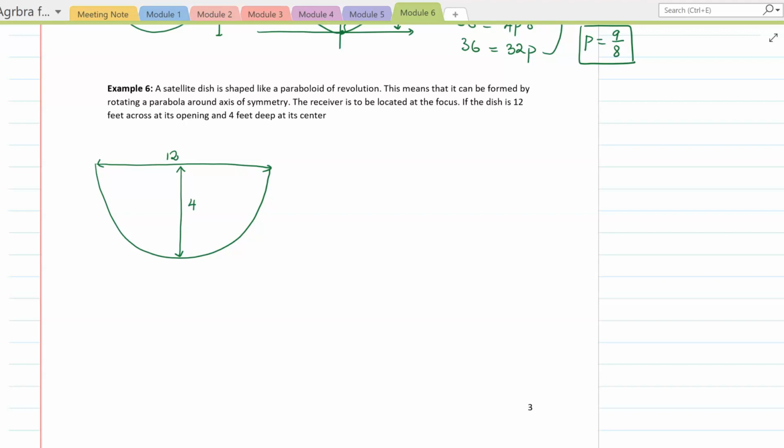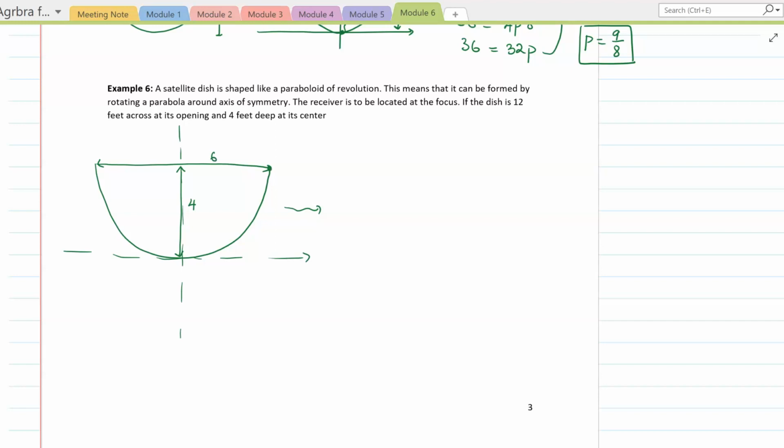So similarly to the problem that we had earlier, I can translate this into an xy coordinate plane. If the diameter here is 12 feet across the opening, this distance here is 6.